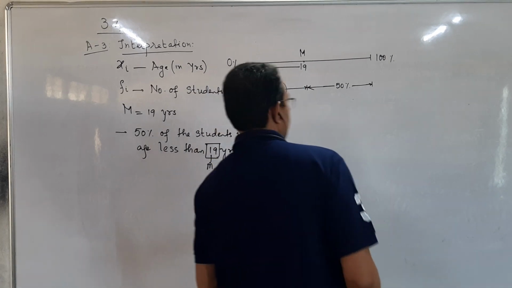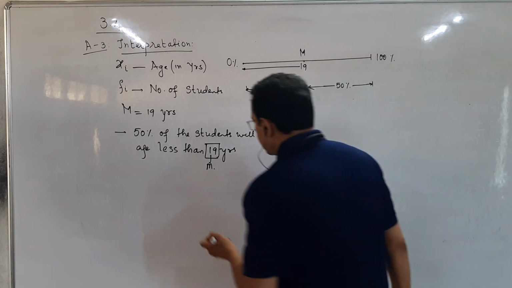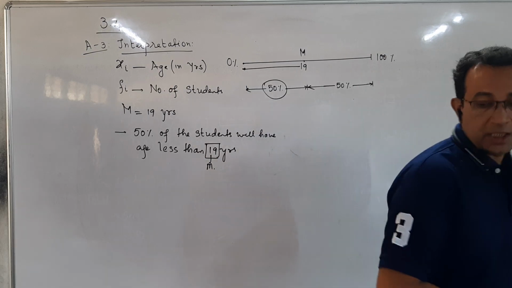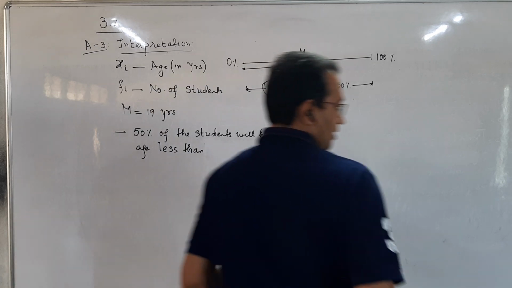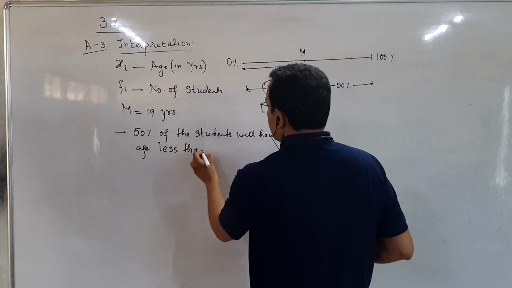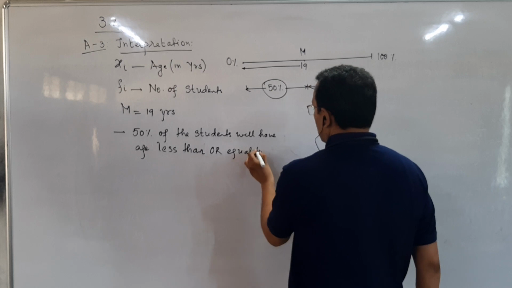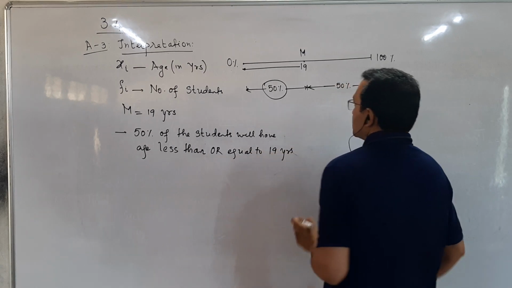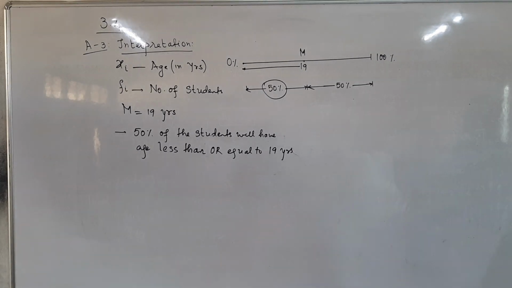So this is the first interpretation. We can even write less than or equal to, because median is 19, so let us include equal to also. So students, we can write like this: 50% of the students will have their age less than or equal to 19 years. Means all the students aged 19 years or less are included.